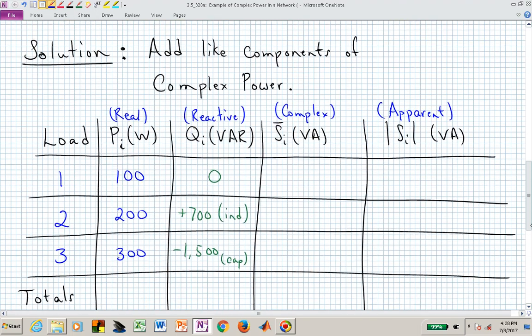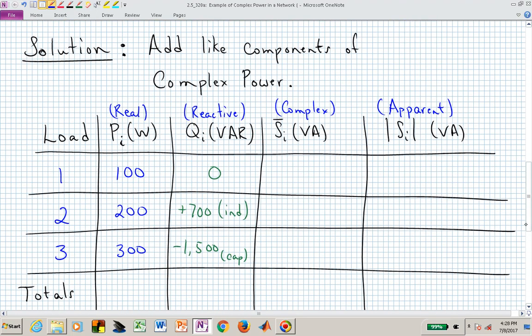So let's do that. Here's what we were given in terms of information, and we can keep track of that in tabular form. We were given in rectangular form the real and reactive pieces of those powers for load 1, load 2, and load 3.